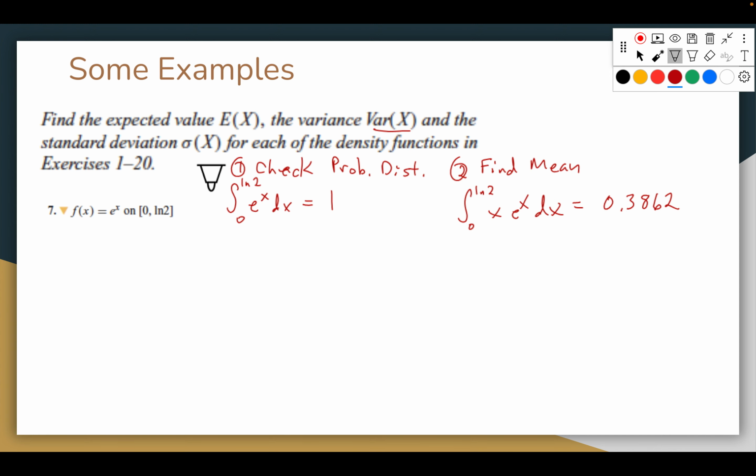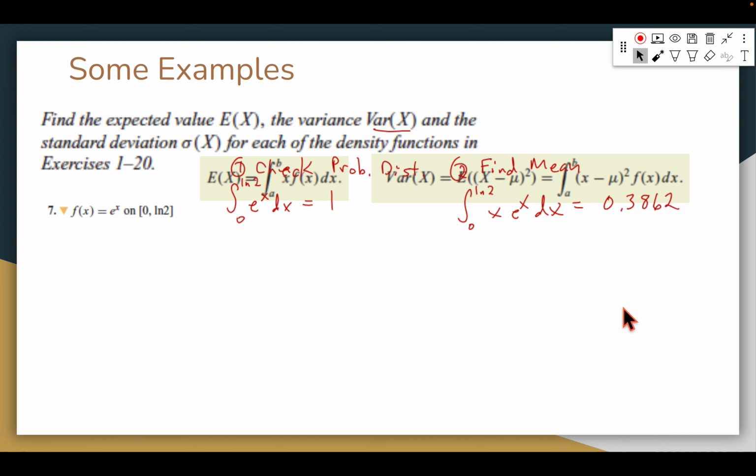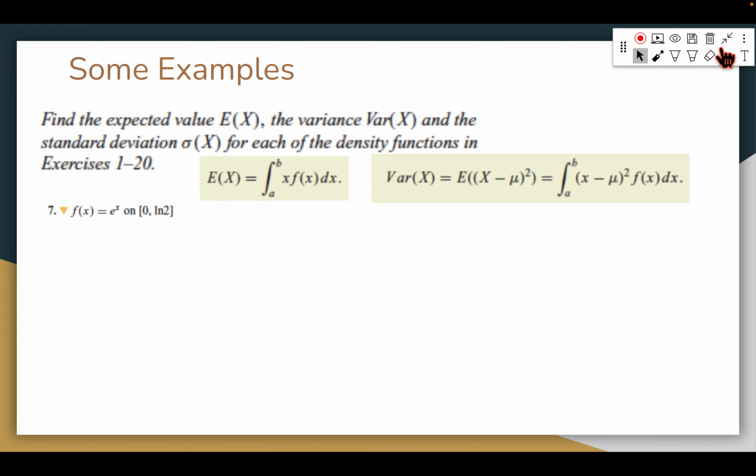Standard deviation is just, once we've got the variance, we take its square root and we're done. So that's actually the easy part, getting the variance. Remember from the formulas, okay, so this is our mean. For our variance, we just have to remember we're going to take x minus that mean.